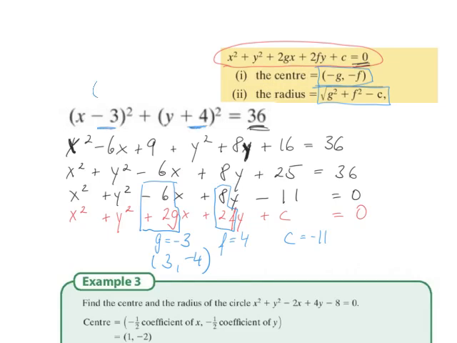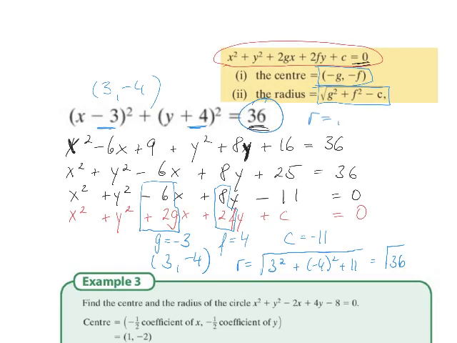The radius, I can put into the formula: r equals the root of 3 squared plus minus 4 squared, and then minus c, so plus 11. That gives me 9 plus 16 plus 11, so the radius is root 36, which we also would have gotten from the other form.